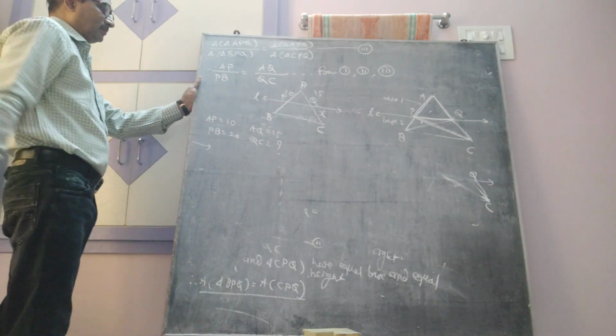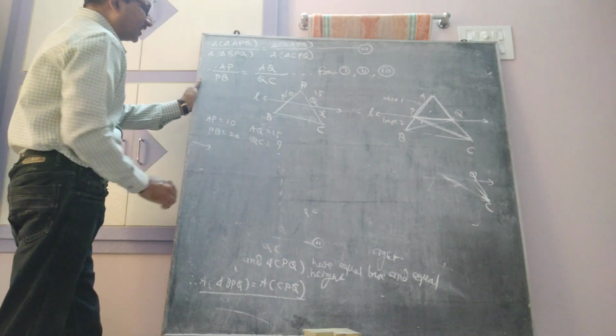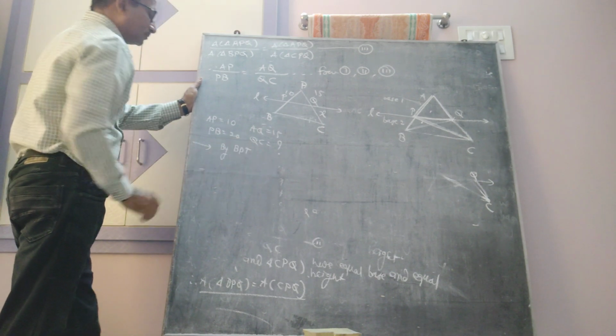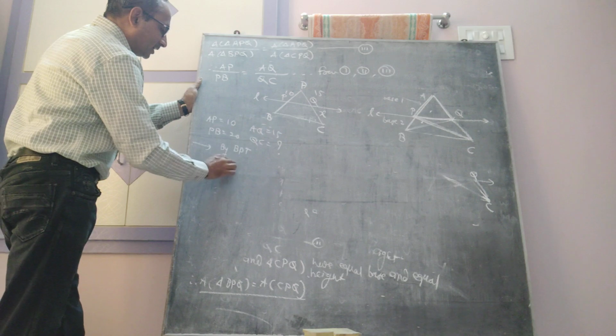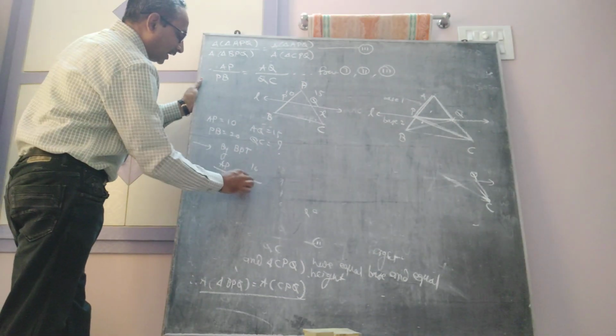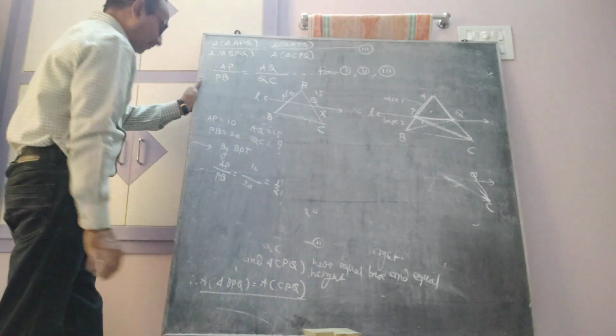So simple, use the Basic Proportionality Theorem here. By BPT, AP upon PB is equal to 10 by 20 is equal to 1 half.